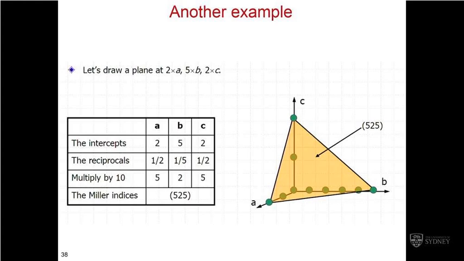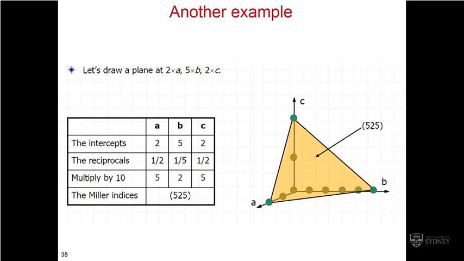Turn them upside down. You get a half, a fifth, a half. Then you find the smallest integers that keep the same ratio. In this case, you can multiply by 10, and you get 5, 2, 5. So this is your Miller plane.